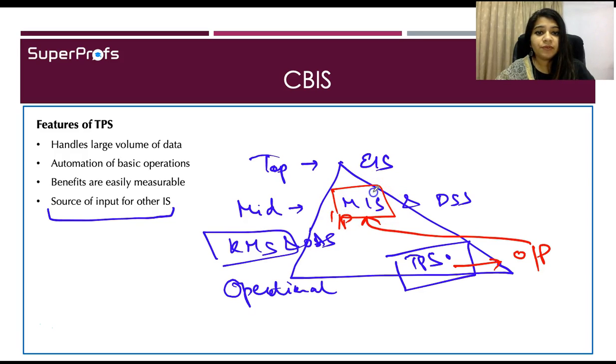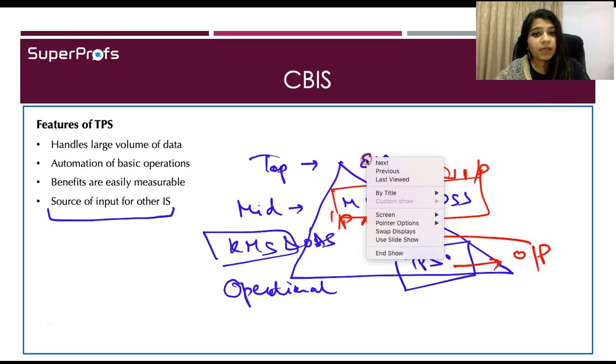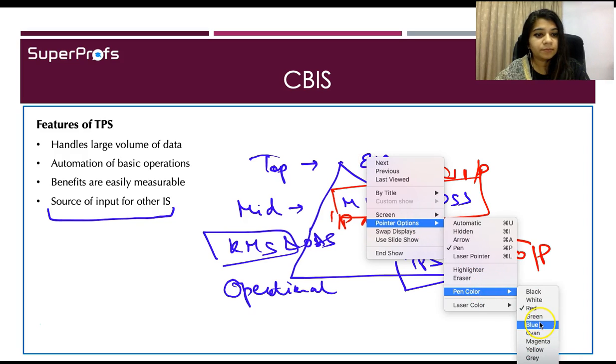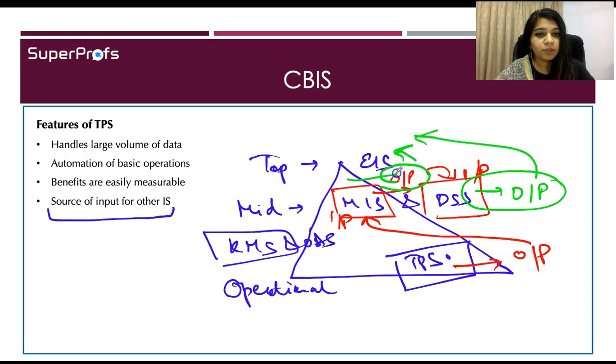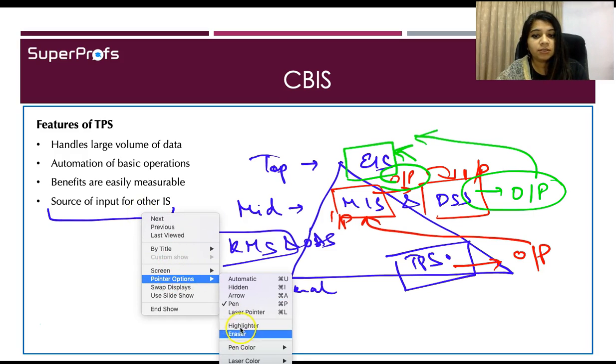Then MIS will further give you some output which will be utilized as the input in DSS, and the output of MIS as well as DSS will be combined and used as input to EIS. Therefore, the output generated by TPS is used as a source of input for other information systems.